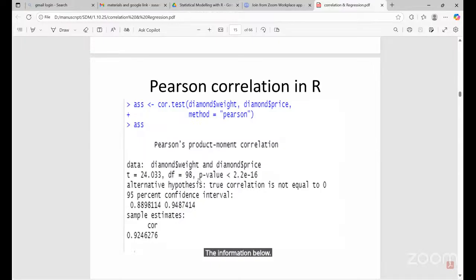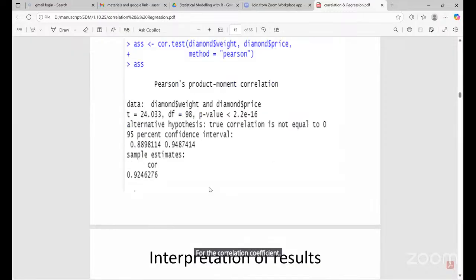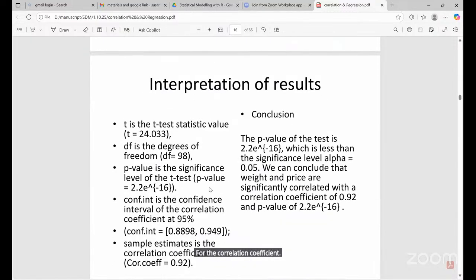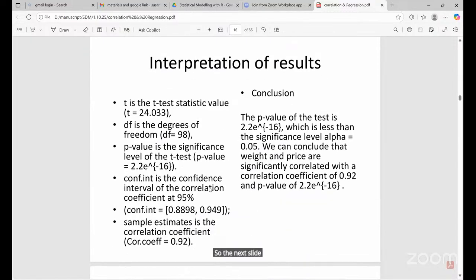Under this, we get the p-value for the test, the correlation coefficient, and the confidence interval for the correlation coefficient. The next slide interprets the results, which we've already talked about: there is a significant positive correlation between price and weight.